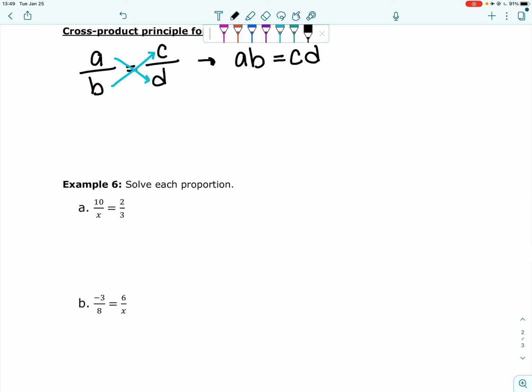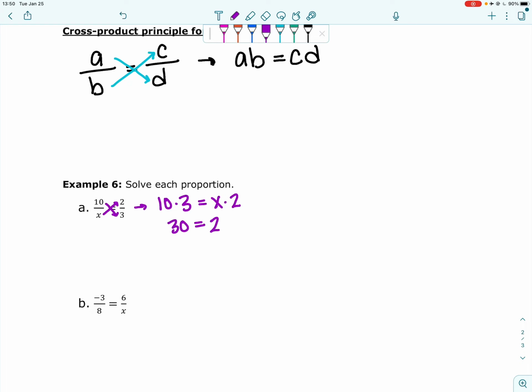So here we have a proportion, 10 over x equals 2/3. What would be the value for x? We're going to solve that using cross multiplying. So I'm going to do 10 times 3, and x times 2. So 10 times 3 equals x times 2. 10 times 3 is 30, and that equals x times 2.